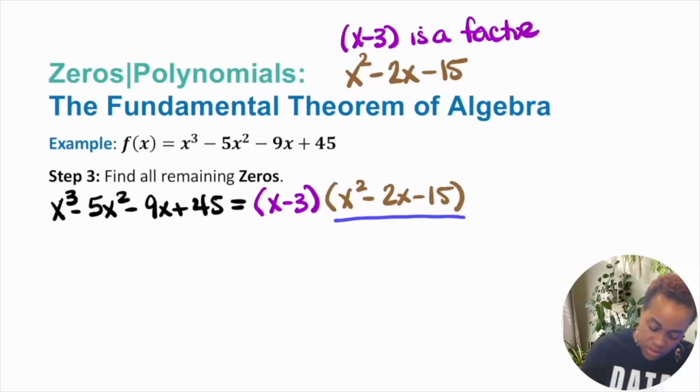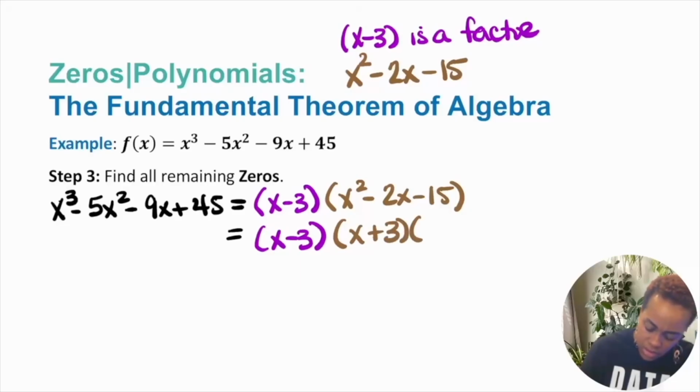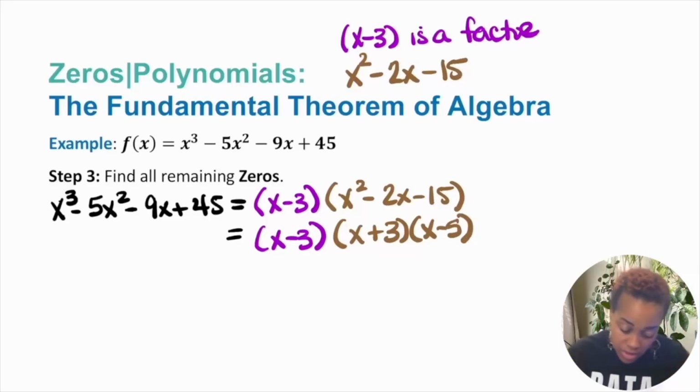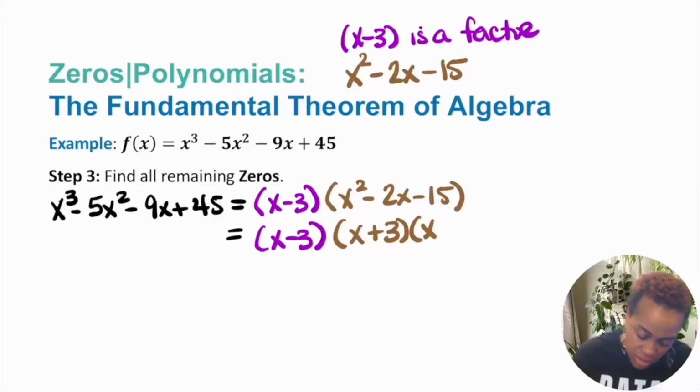We can factor this. So that's x minus 3. And then times, that's going to be what, x, 5 and 3. Yeah, x plus 3, x minus 5. Okay, check my FOIL. X plus 3 times x minus 5.